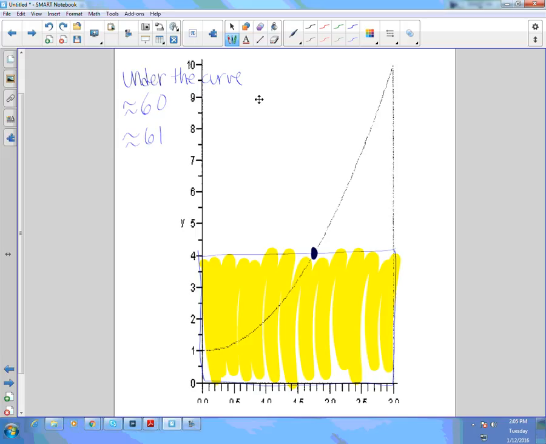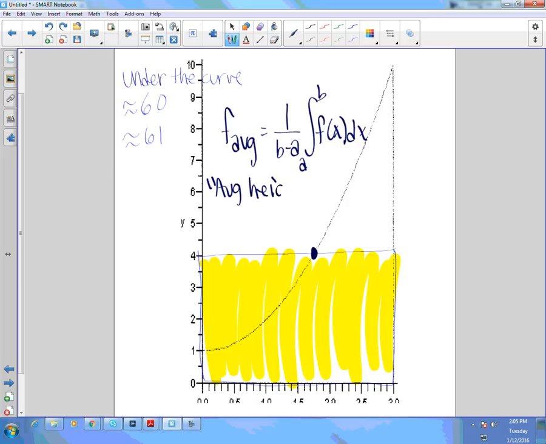So when we use this formula to find the average value, 1 over b minus a times the integral from a to b of f(x) dx, what we're finding is the average height of the infinite number of rectangles.